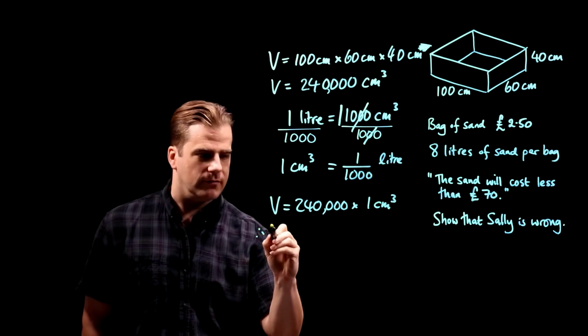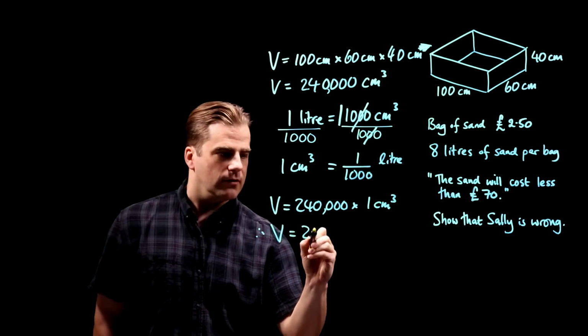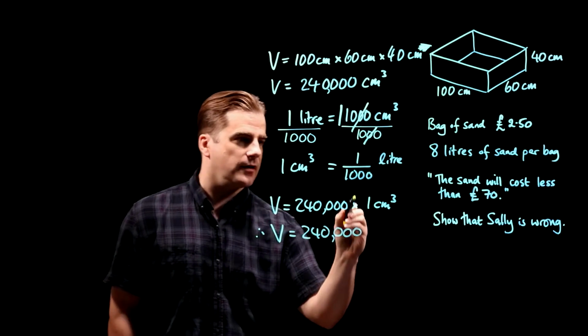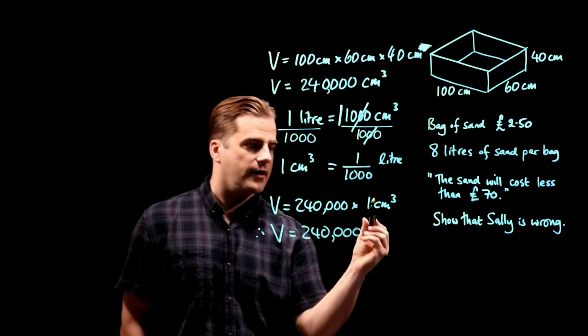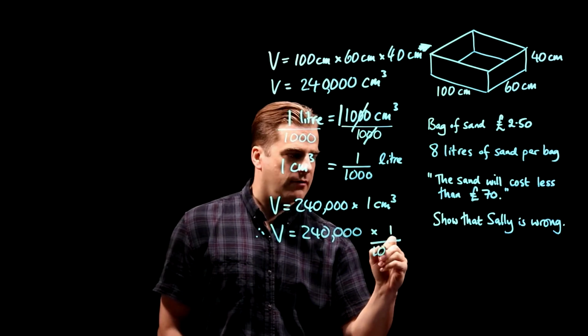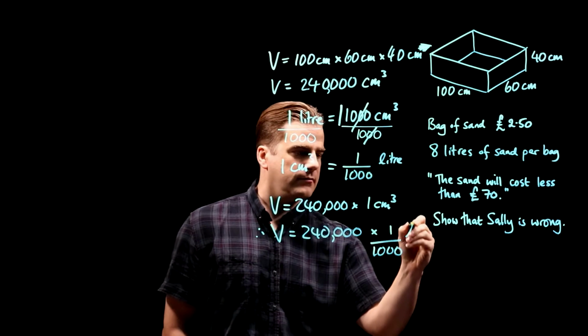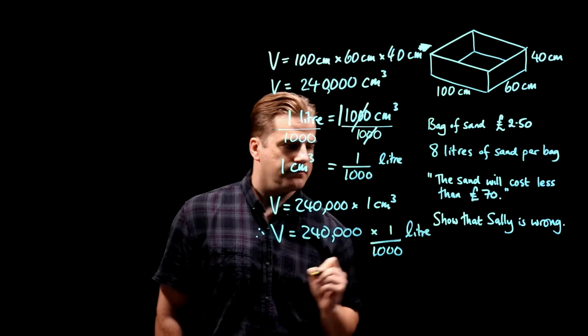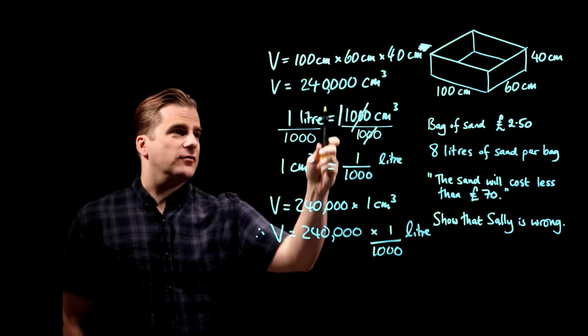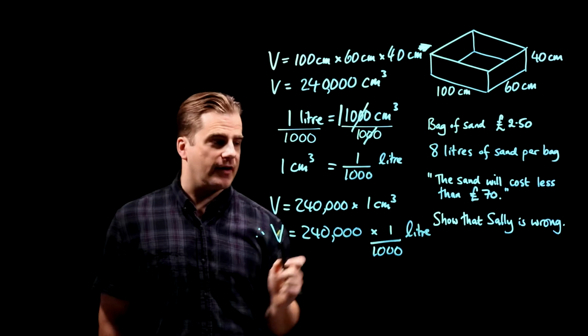So therefore, volume is 240,000 times 1 centimetre cubed, which is that, times 1,000th of a litre. So that's the full picture on why to convert that into litres you just divide by 1,000.